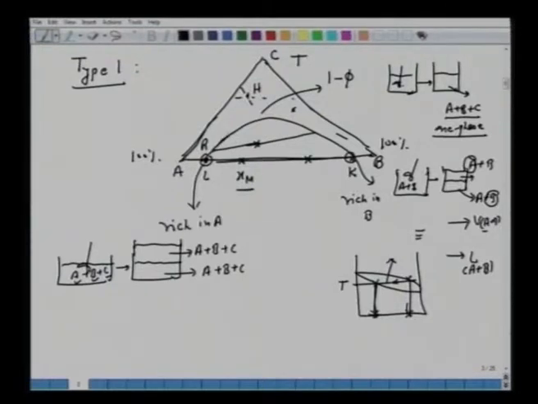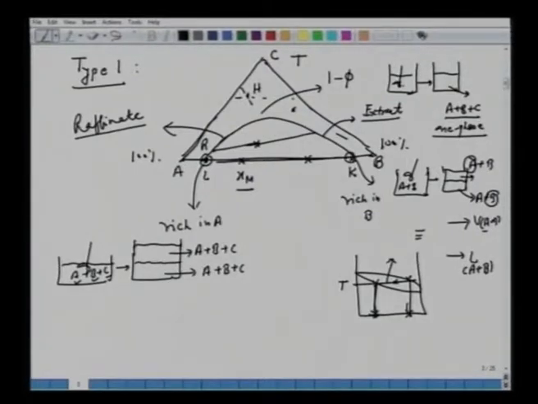Any point here will be called the raffinate phase, because this contains a large amount of A and a small amount of C. Similarly, on this side, any point here we'll call extract, which means B is acting as a solvent, and this contains a larger amount of C than the raffinate. So we have the tie line with a positive slope.